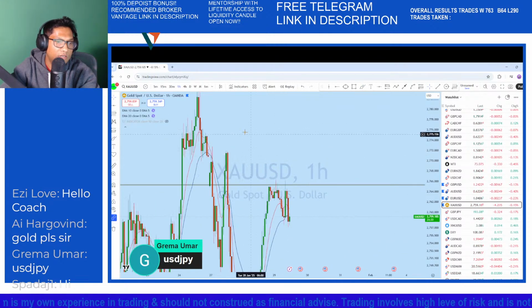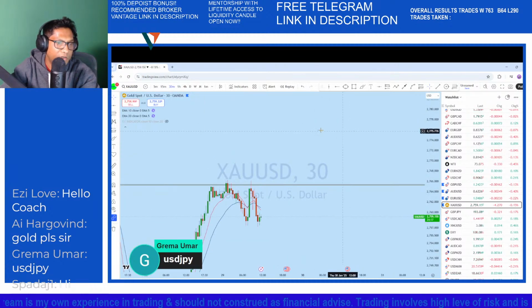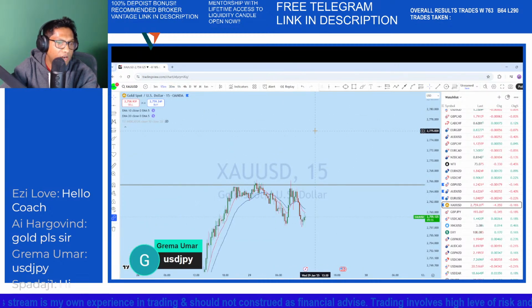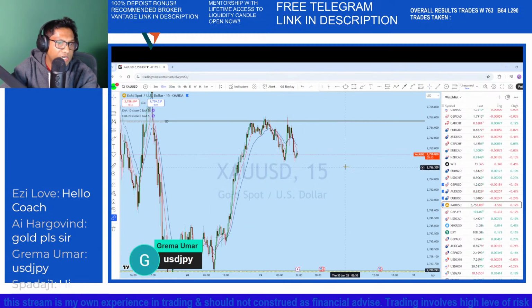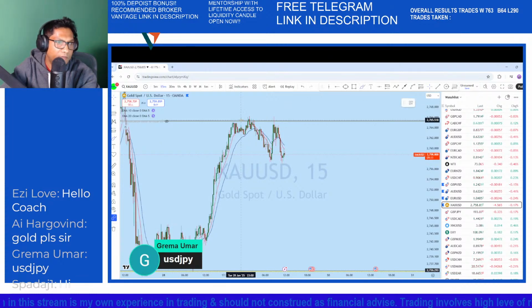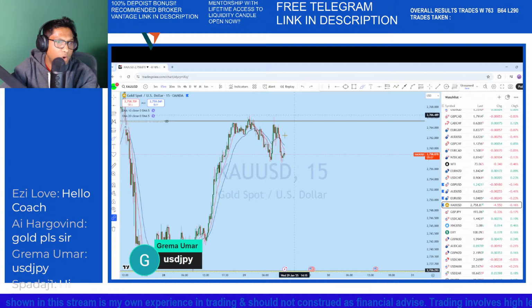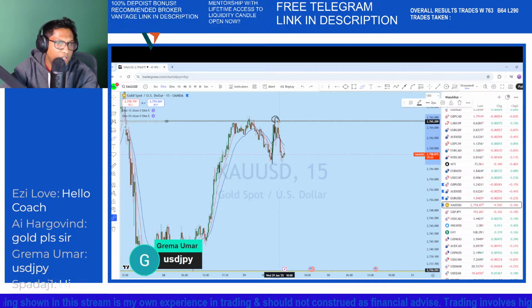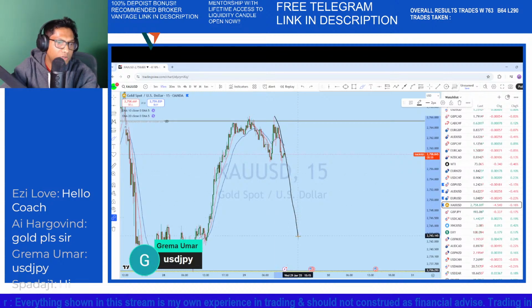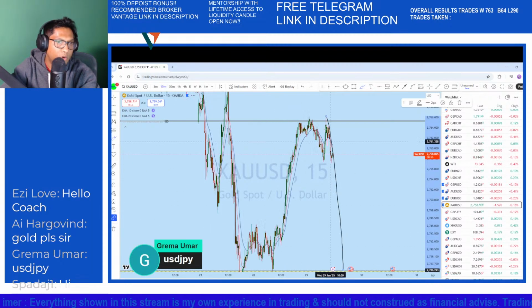Looking at the 30 minutes perspective and the 15 minutes chart, the lower time frame price action, there is a channel here and then a breakout. This move is potentially a false breakout, and after the false breakout, the market is coming to that liquidity zone at the support level.